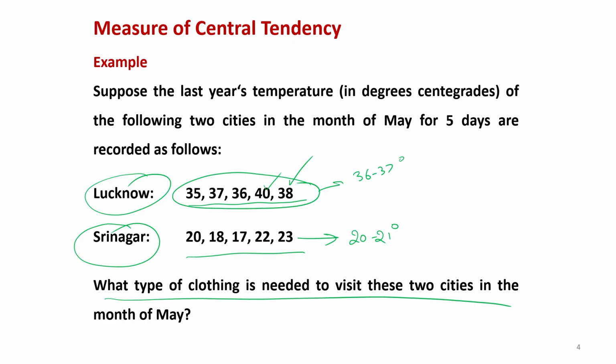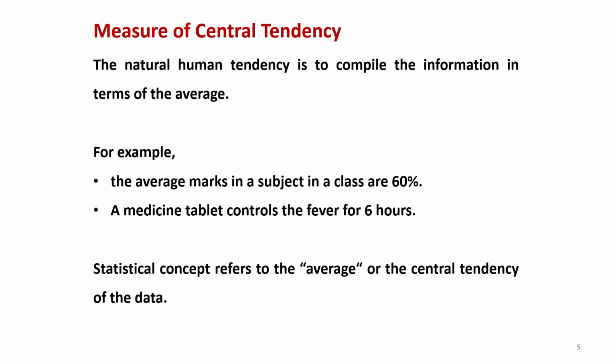So these are different types of averages based on which the policy decisions are taken and the policies are formulated. And this is actually the natural human tendency to compile the information in terms of the average. If somebody asks you how much time do you take from your home to your college every day, you will say okay, it's about 20 minutes.